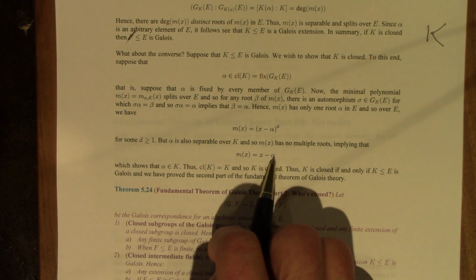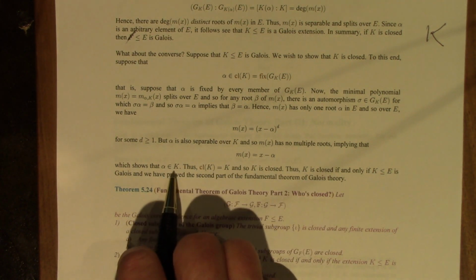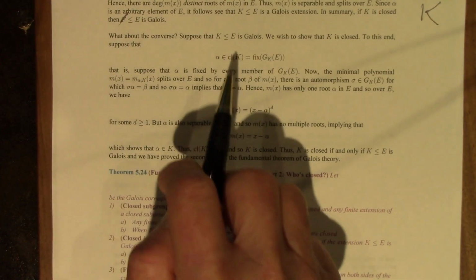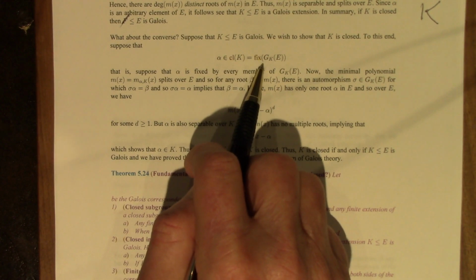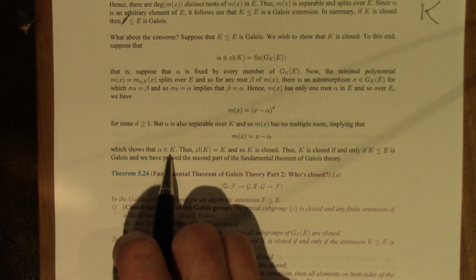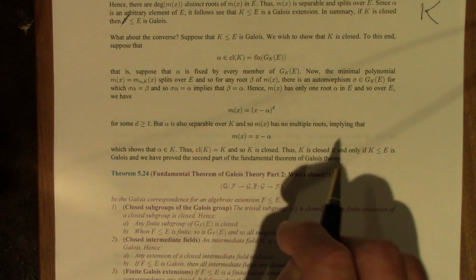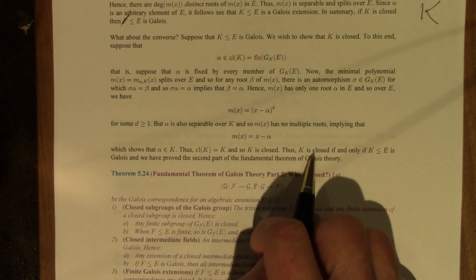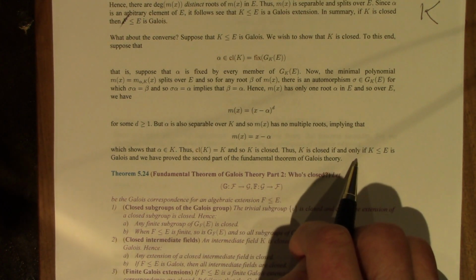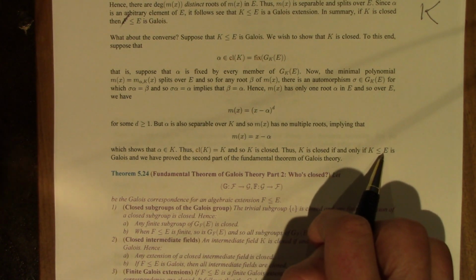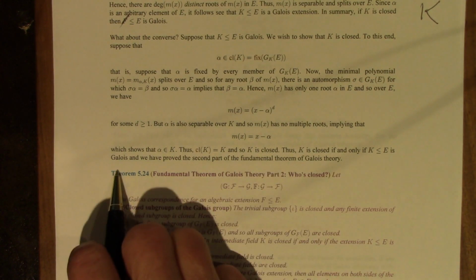Its coefficients are in K, so alpha is in K. So alpha was chosen from the closure of K. We find that it must be in K, which means K is closed. So we have shown that K is in fact closed if and only if this upper step KE is Galois.